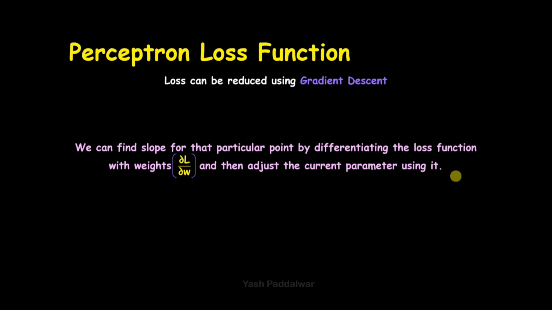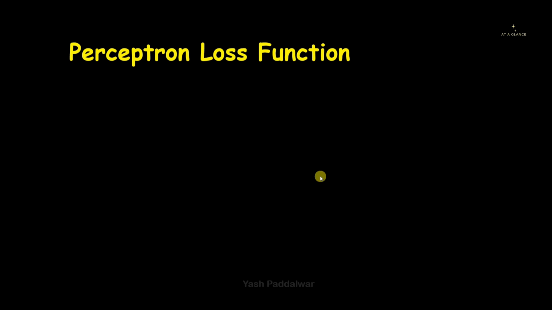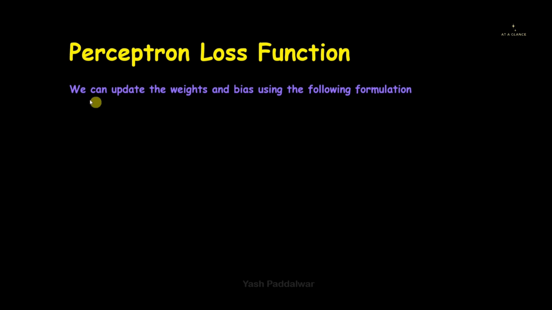So we are going to find the partial derivative of the loss function with respect to w, and then whatever value we get, we can use it to adjust the current parameter. Basically we subtract this slope from the old weights, and you need to continue this process until the global minimum is found. That means the loss is minimum compared to all the others.